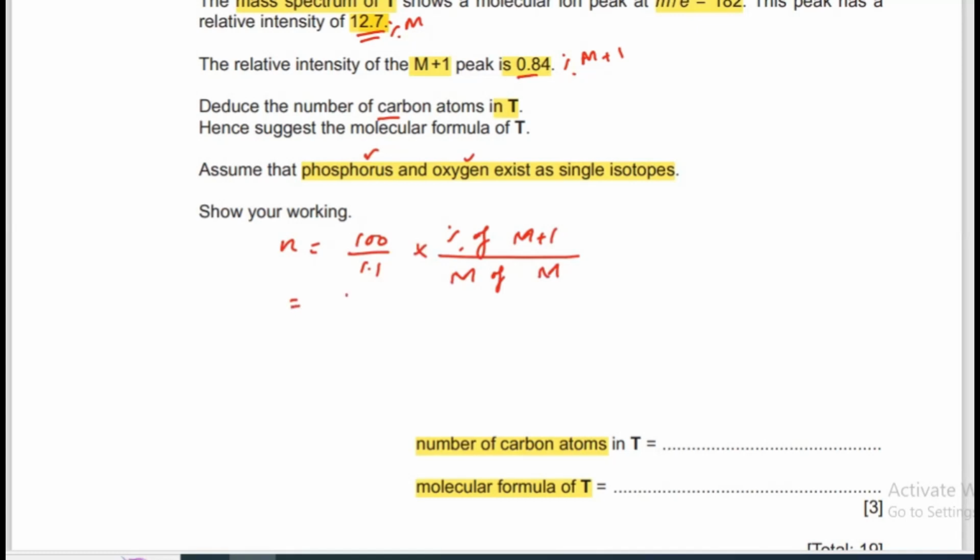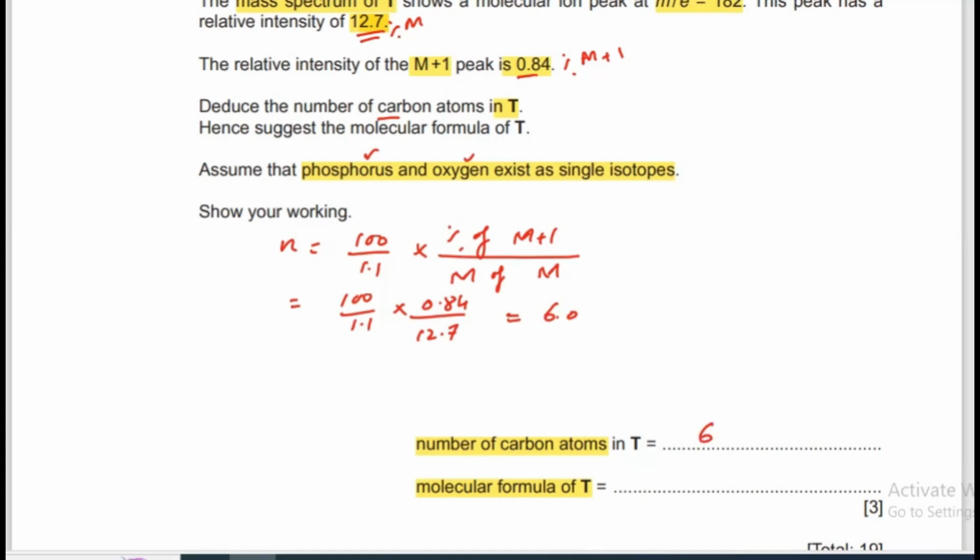Now, 100 over 1.1 times the percentage of the M plus 1 peak, which is 0.84, divided by 12.7, the percentage of the M peak. If you calculate this, you will get 6.0. So the number of carbon atoms in T is 6.